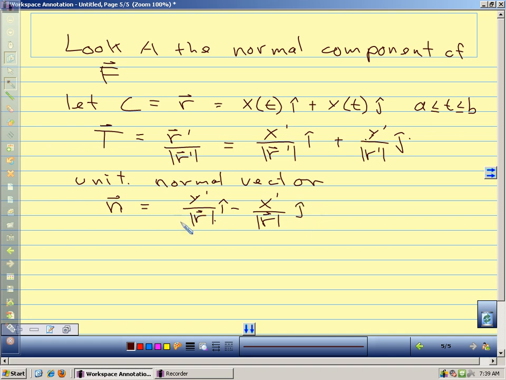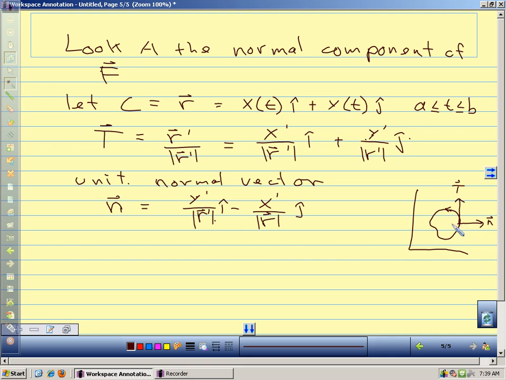And the reason I changed the signs this way is if we have a curve in the xy plane, like so, and our unit tangent vector is here, and our positive orientation is counterclockwise, our unit normal vector is here.